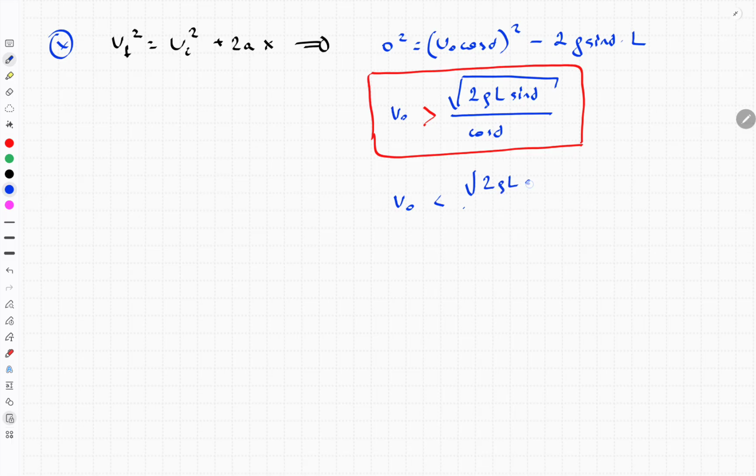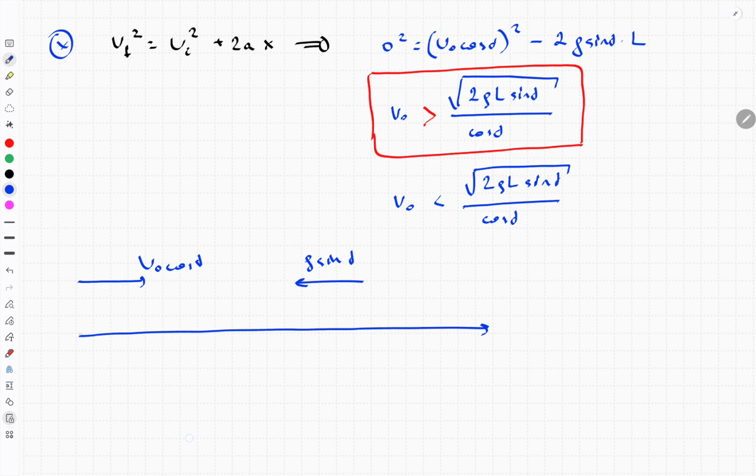Then it will leave the tube, but from the left side, not from the right side. So it will enter with v0 cosine alpha. We have g sine alpha here. This is the length of the tube, L, but it will stop somewhere here, not getting to the right end. So it will come back.